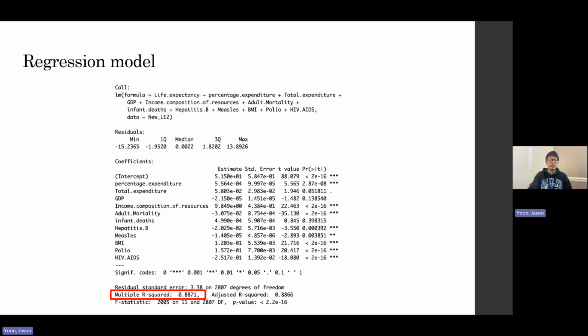And the R-square value is 0.8871, which says 88% of the variation is explained by this model.